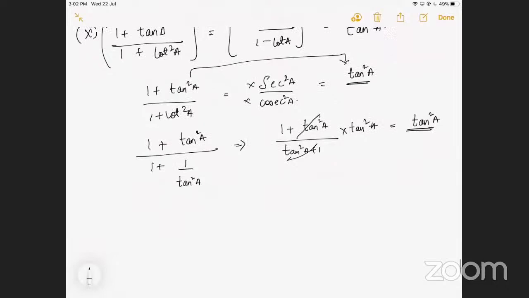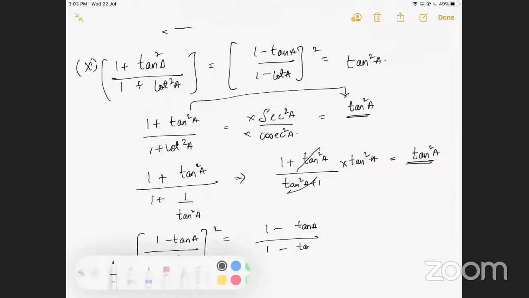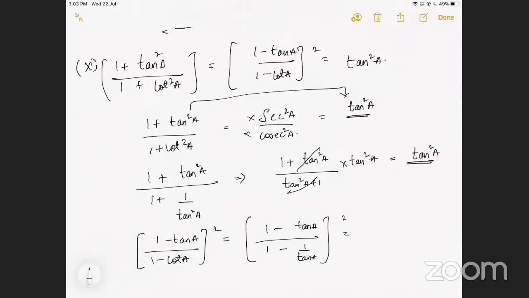Good. Yes sir. So next one, how can we prove that it is 1 minus tan A is also equals... So even I've done the same method. Okay, could you explain again? So it will be 1 minus tan A upon 1 minus 1 upon tan A the whole square, which is equal to 1 minus tan A upon tan A minus 1 upon tan A the whole square.